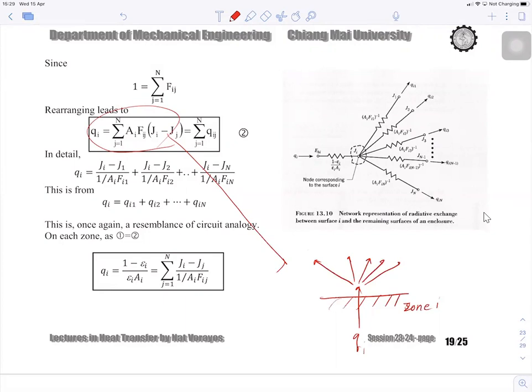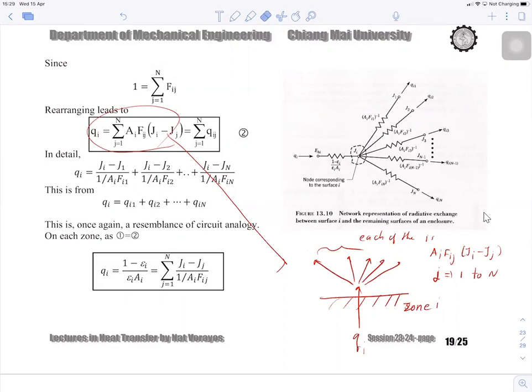And each of them is AI, Fij, and Ji minus Jj, when J is 1, 2, n. Okay?